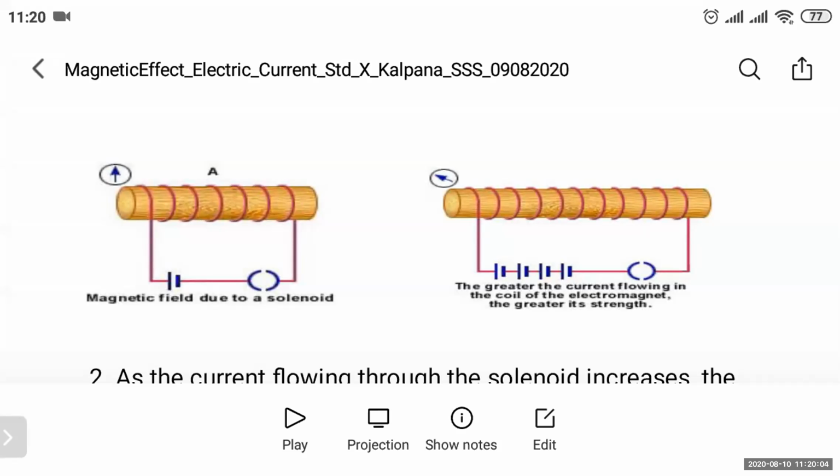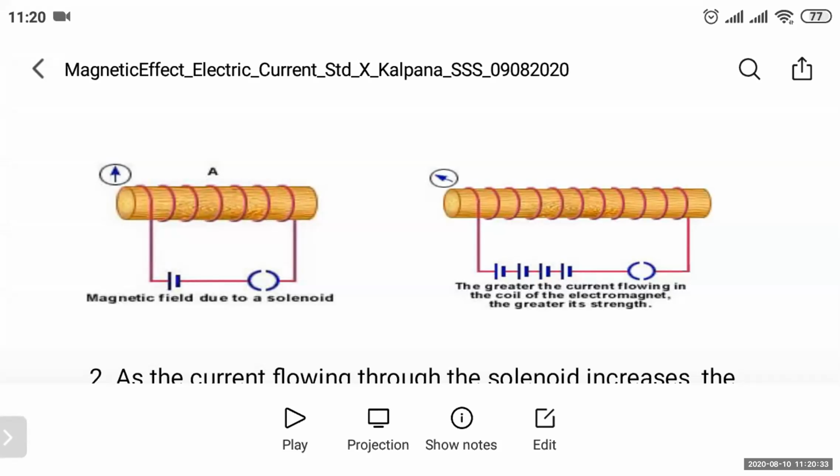The magnetic lines of force inside the solenoid are parallel to each other. What does it mean? It means the intensity of the magnetic field inside the solenoid is uniform everywhere.